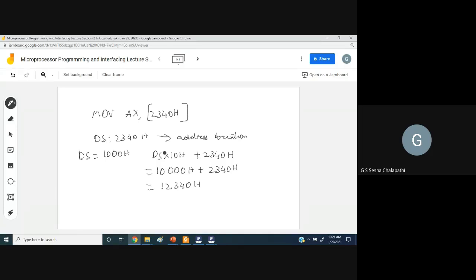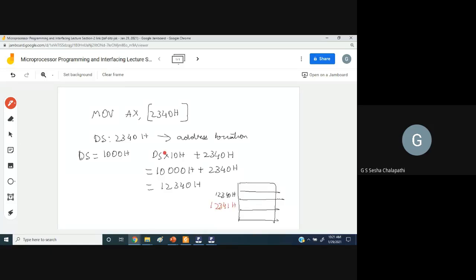So it will go to the memory at 12340H and take the data from 12340H, and also from 12341H. So it will take both these values.